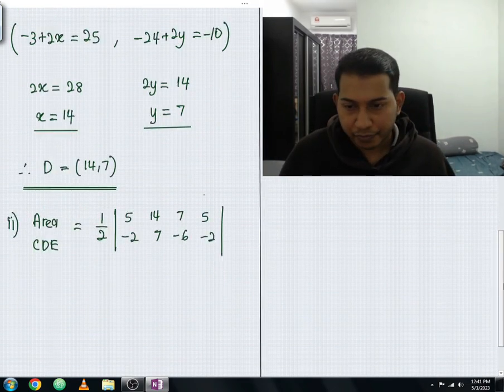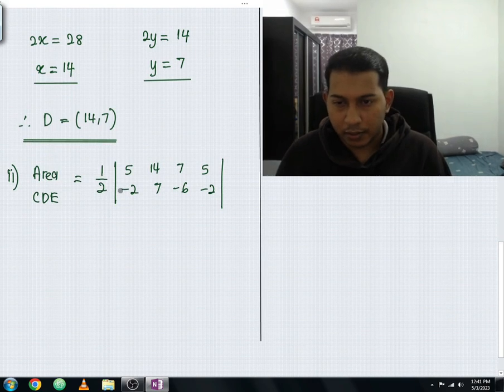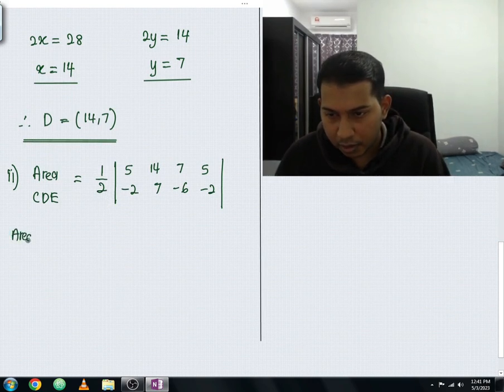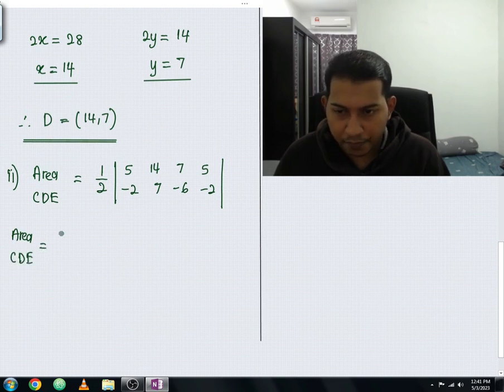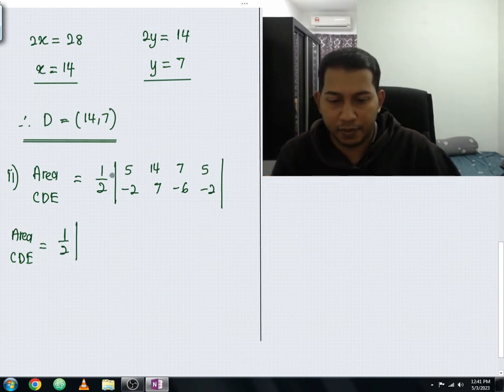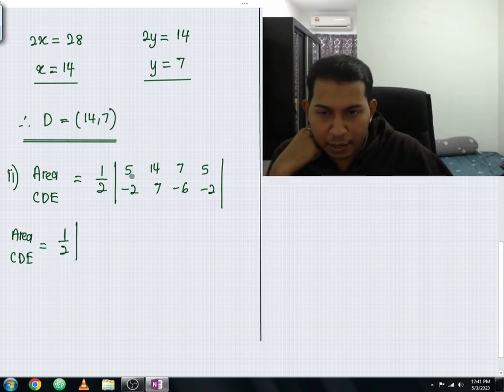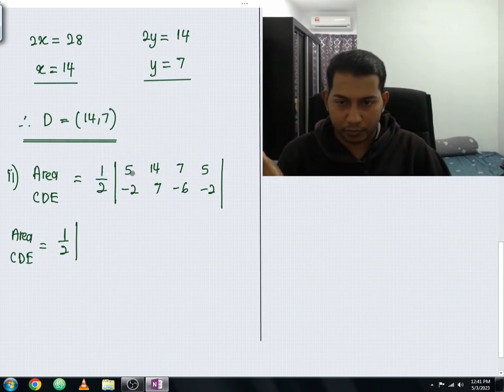So from here, let us perform the working. Area CDE is equal to 1 over 2 times the modulus. Let us perform the calculation one by one. We start with the top side, top to bottom.